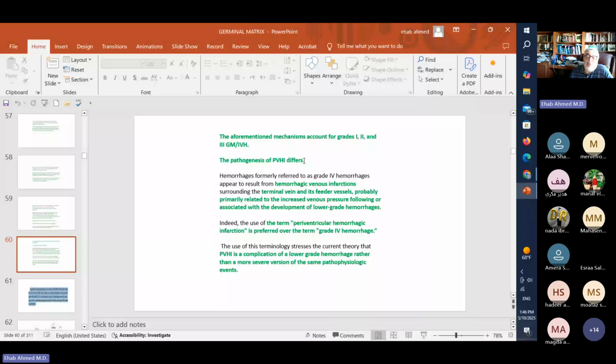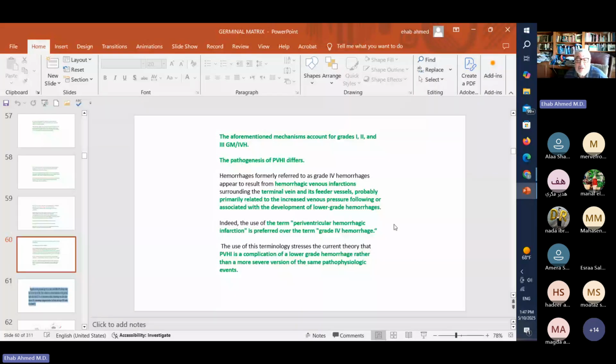That's why some people don't call it grade 4. Some people call it periventricular hemorrhagic infarction, because the pathology and the pathogenesis are different. What happens in PVHI is that the hemorrhage comes from the veins because of hemorrhagic infarction.